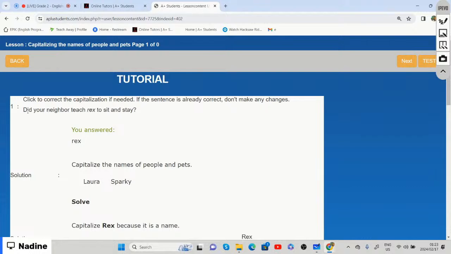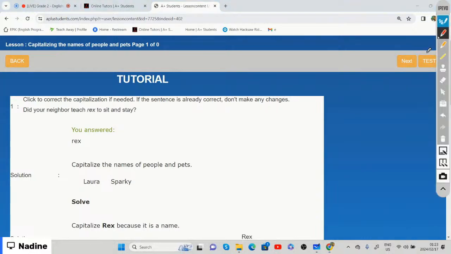For example, it says, did your neighbor teach Rex to sit or stay? So Rex is a pet. So Rex is the pet, right? So they want to know, did your neighbor teach Rex to sit or stay? Which means that we're going to underline Rex specifically because we said Rex, who is our pet, needs to be written with a capital letter, right?